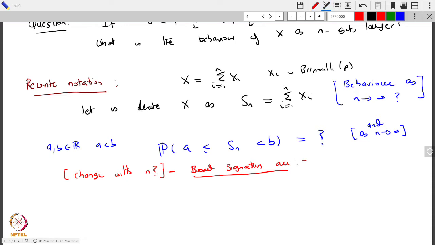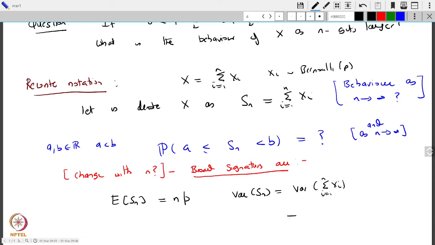The first thing you know, which we have already done before, is that the mean of the random variable Sn is equal to n times p. Binomial has mean np. We also know the variance of binomial, you can do it many ways, is the variance of the sum of i equals 1 to n of the Xi's.